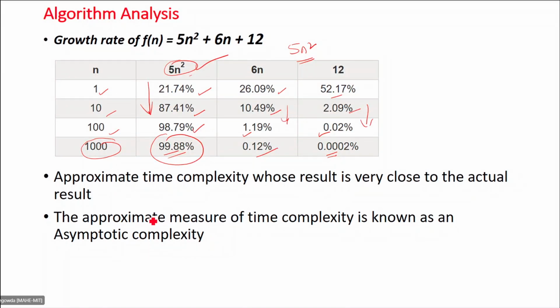So in algorithm analysis we are going to consider the term which contributes more compared to the other terms. In this case we can eliminate the two terms 6n and 12. The contribution by the 6n and 12 is very small as the input size keeps increasing.